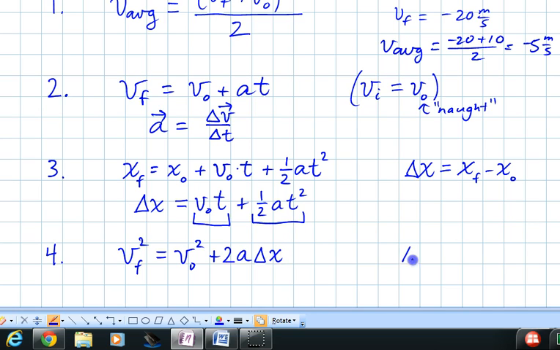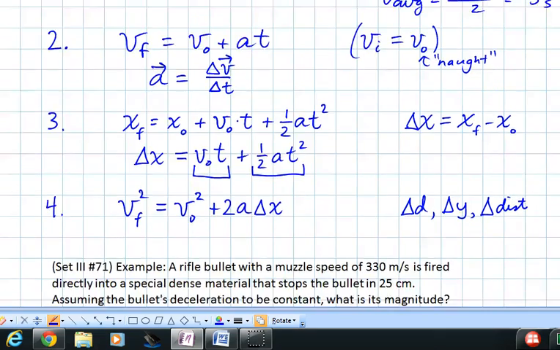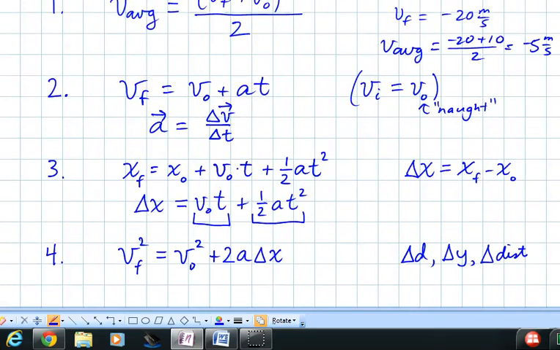You can also use delta d, delta y, delta whatever you want to use for distance. And instead of acceleration, remember that if something is falling, instead of a, you could also use g. So g is a type of acceleration for falling objects.